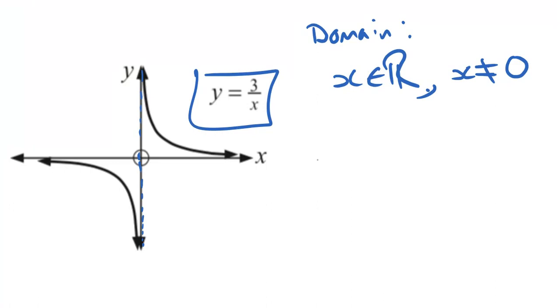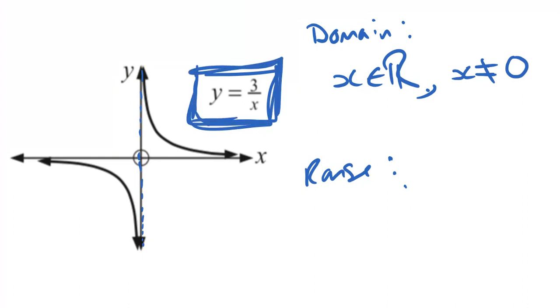What about the range? So the outcomes. Well, whatever I put in as x, what outcomes can I expect to have as a y coordinate for all my different x coordinates? Well, clearly we can have all sorts. You can tell from the diagram and the arrows that y goes infinitely towards positive infinity and negative infinity. But again, with one exception.